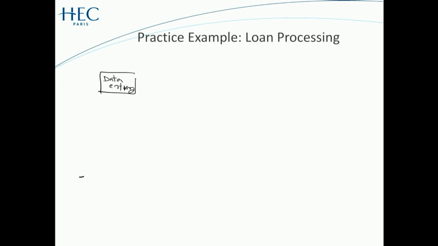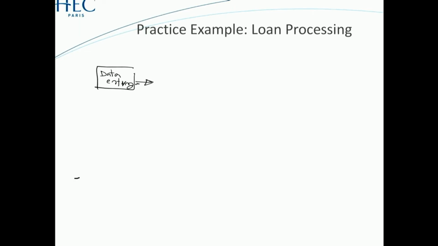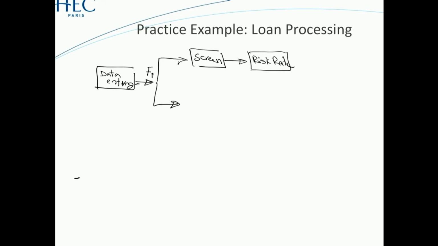Then after the separation, they go to different routes. F1s, the first forms, are going to go for a screening step, and then they go for a risk rating step. Forms 2 go through only one step, which is risk rating.